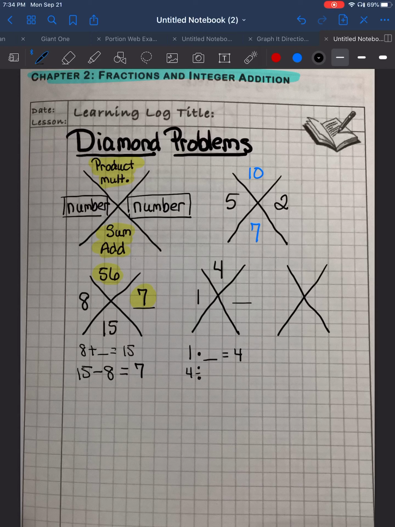So again, I can reverse it. 4 divided by 1 tells me that missing something. Well, 4 divided by 1 is 4. I know that this is an easy one, but the steps are the same, whether the numbers are easy or hard. So that missing number was 4 because 1 times 4 is 4. But if the numbers are bigger, remember that division step can help you figure it out. So now that we know that that's 4, 1 plus 4 makes that sum 5. Remember, the bottom is the sum, the top is the product.